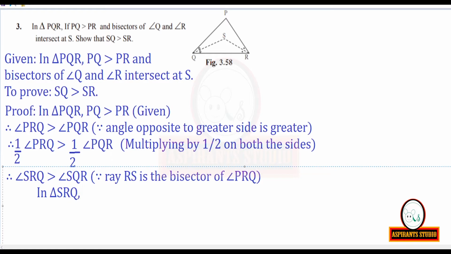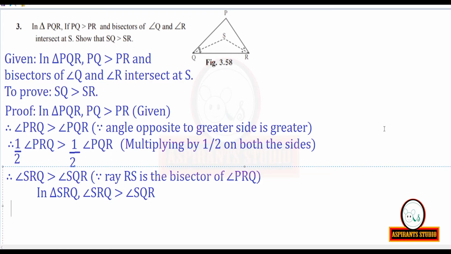Now, in triangle SRQ, we have measure of angle SRQ to be greater than measure of angle SQR. Now, side opposite to greater angle is greater.